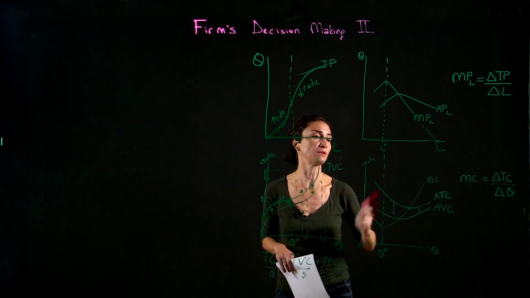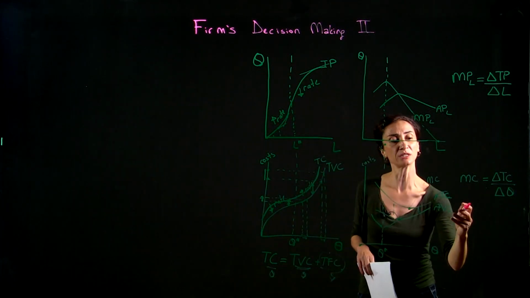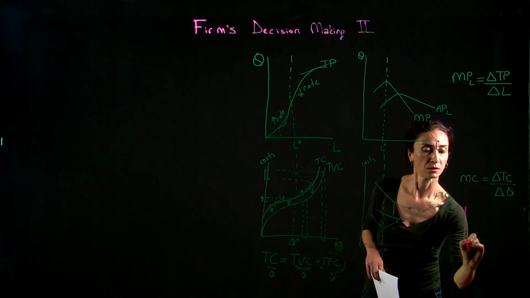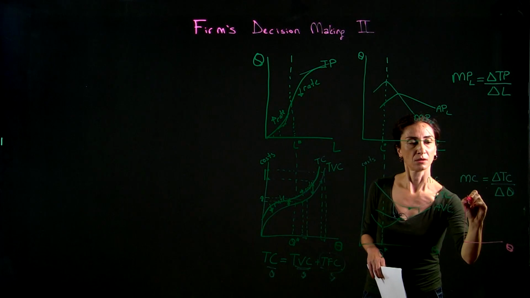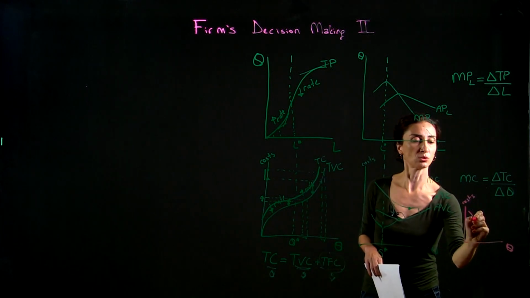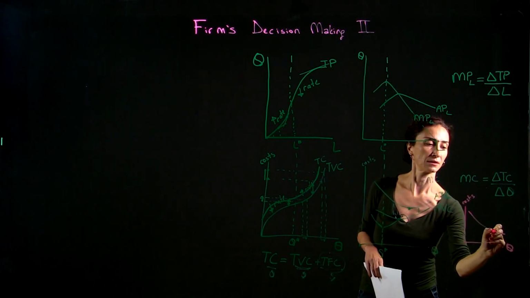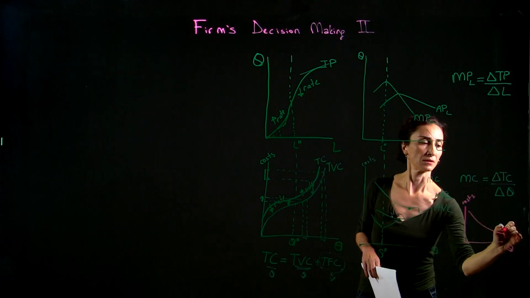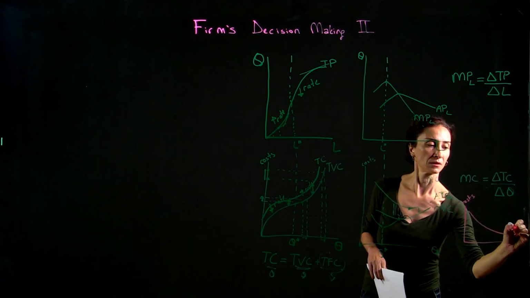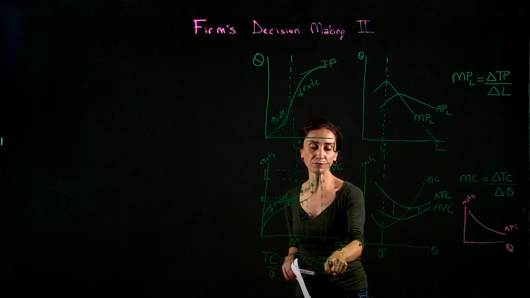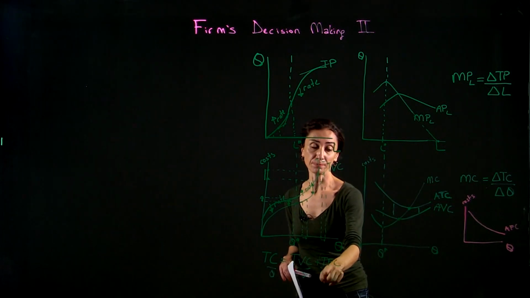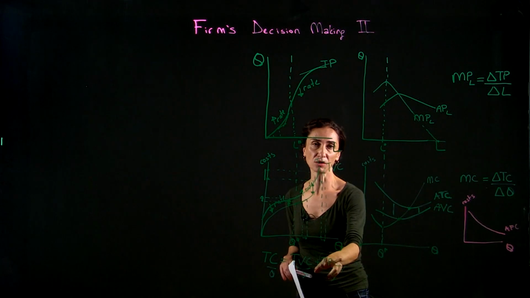Average fixed cost, if I have to draw it, I want to do it somewhere else. Average fixed cost looks like this. Why? Average fixed cost is total fixed cost divided by quantity. This is a fixed number, it's constant.